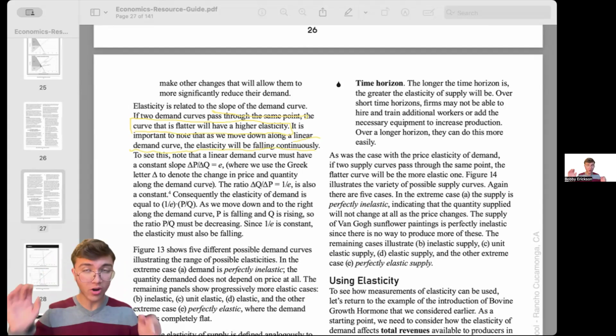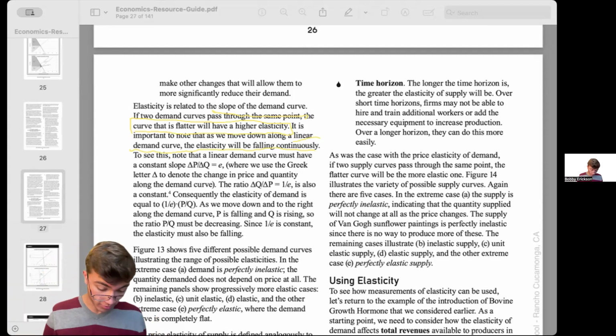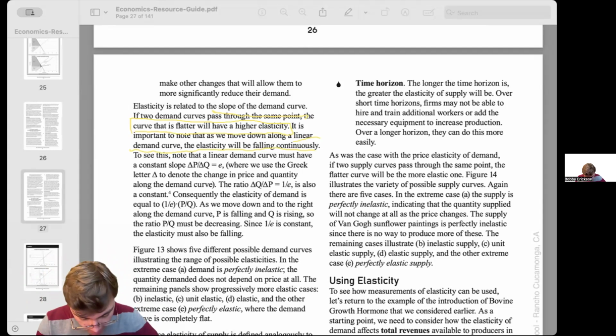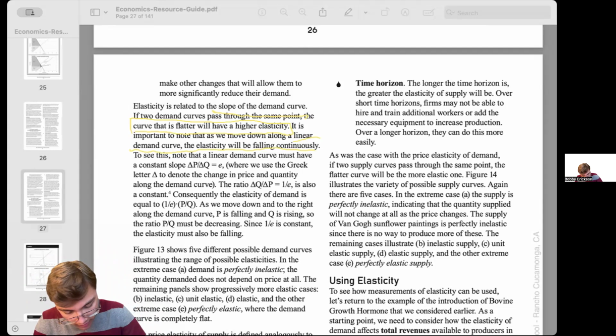I'm going to try my best to walk you through the math of this. We know that it has a constant slope. So delta P, which is the change in price, divided by the change in quantity. This is the physical numbers, not the percentages.